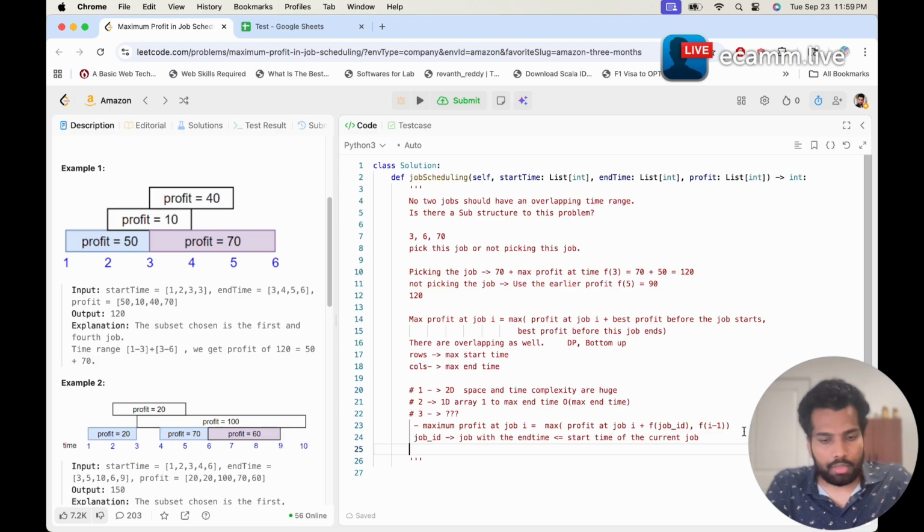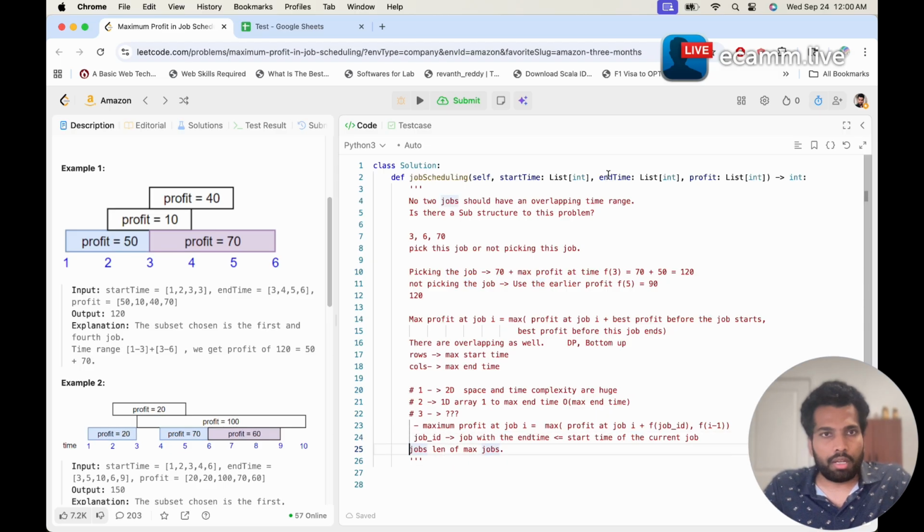So we can have a jobs array with the length of the maximum jobs, and we can try building the solution from the solutions for all the sub problems, and then finally have the answer.